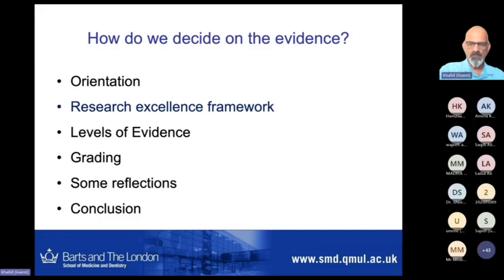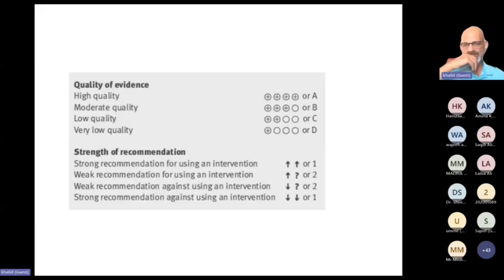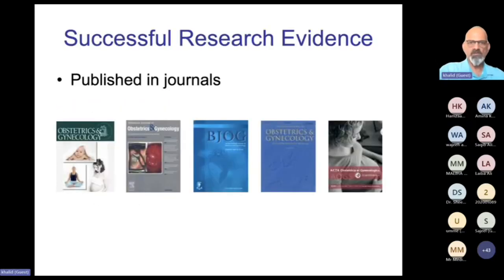So let me just at this stage review what I have just said through the next set of slides. What I've explained to you is that the purpose of research is to publish papers in journals.